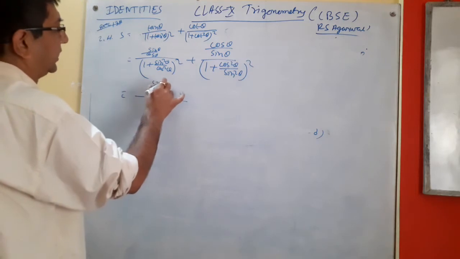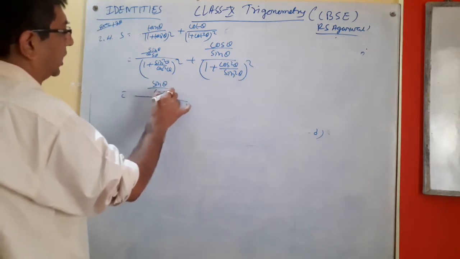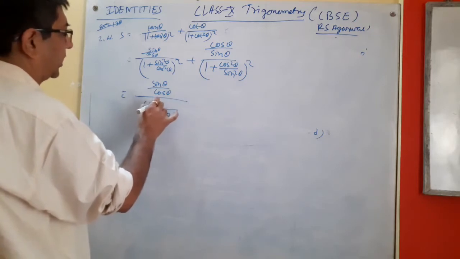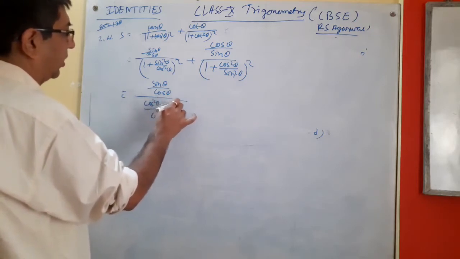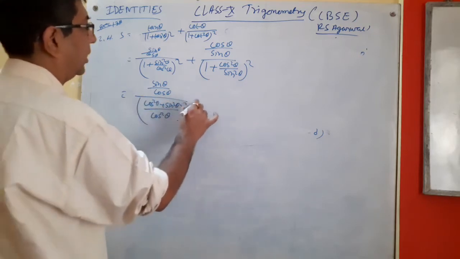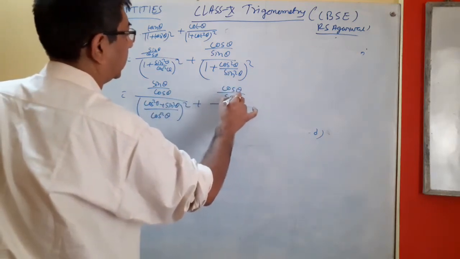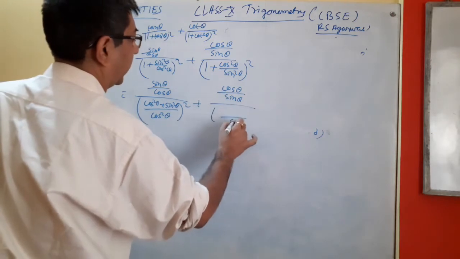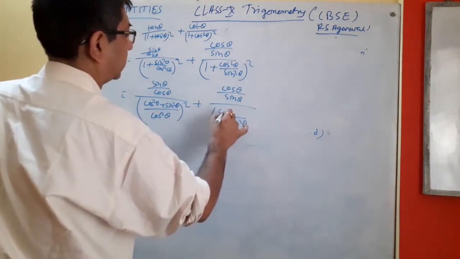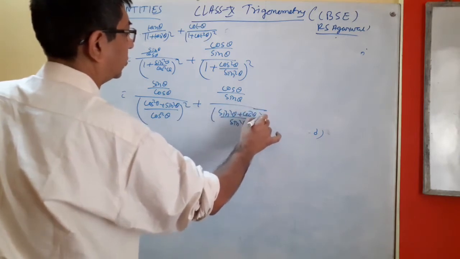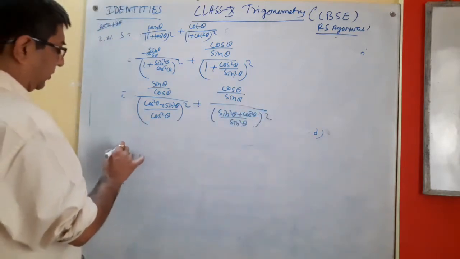That means sin theta by cos theta, and this is cos square theta plus sin square theta whole square, plus this is cos theta by sin theta, this is sin square theta plus cos square theta whole square, right?